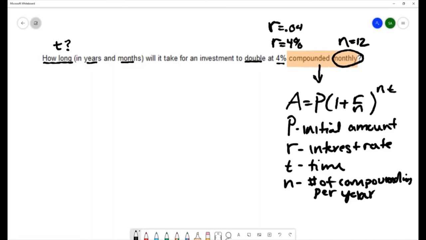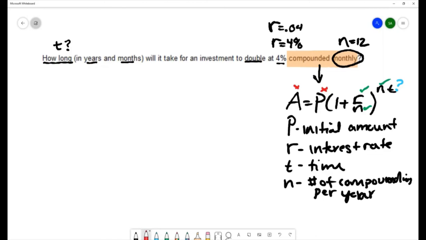Looking at these numbers, I was given the interest rate, I was given N, the number of compoundings, and T is my unknown quantity, so that's a question mark, and we're trying to solve for that. But it looks like I'm missing these variables as well, A and P.